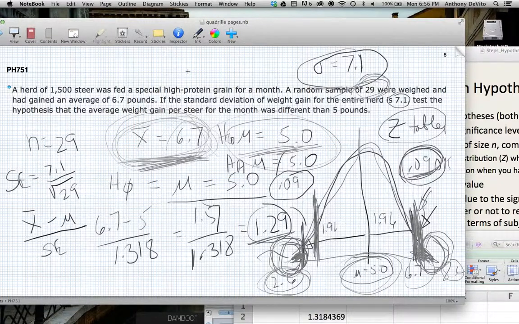So my probability of being wrong, had I used this value, 6.7, to reject the null hypothesis and say that this population of steer is different than my original population, was not 9%, but 18%, right? 2 times that p-value.